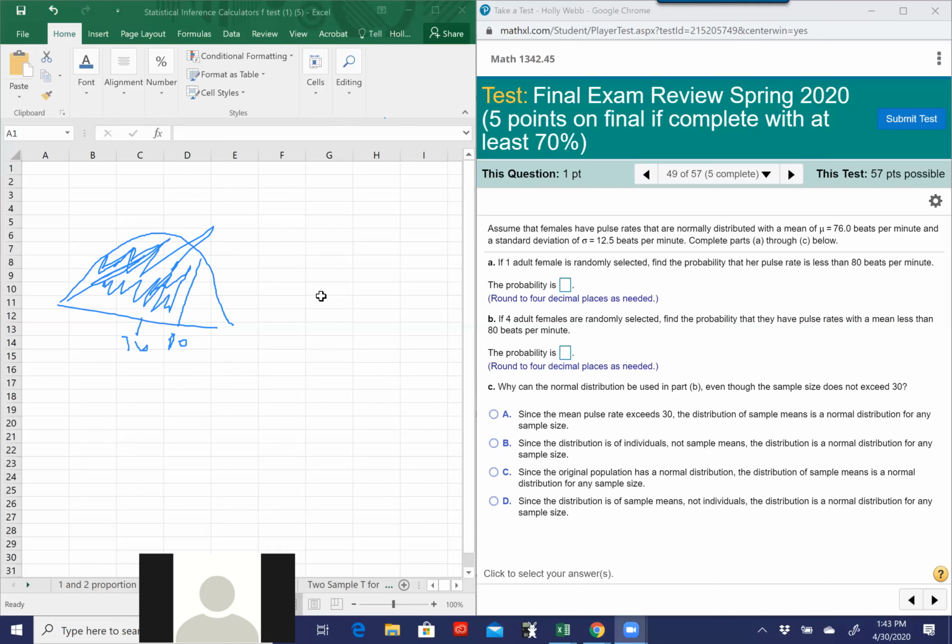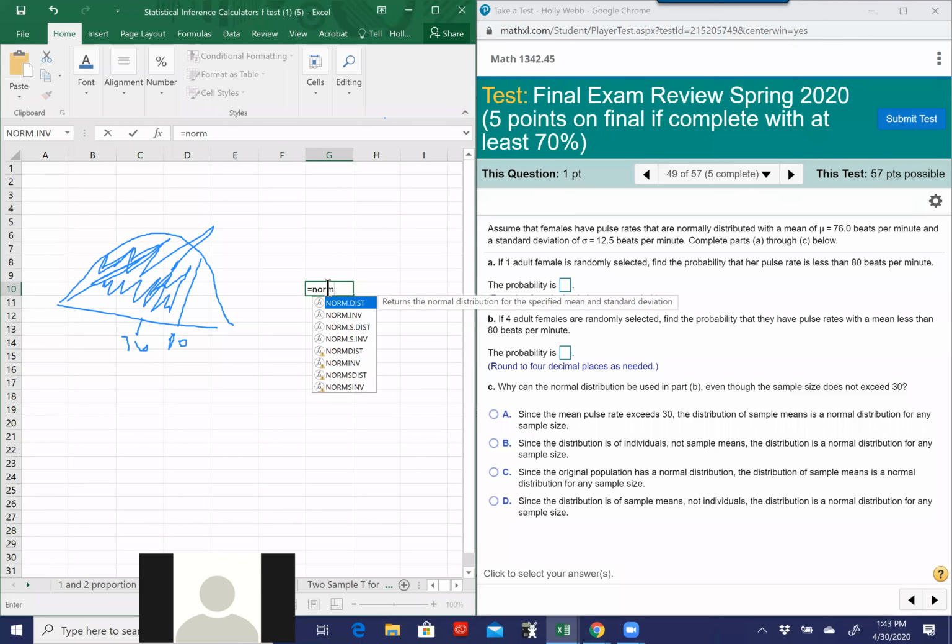So all we have to do is, are we going to use norm.dist or norm.inverse? Norm.inverse is when you're given an area and you want to find the data point. If you're given the data point and want to find the area, which is what we want here, we're going to use norm.dist.